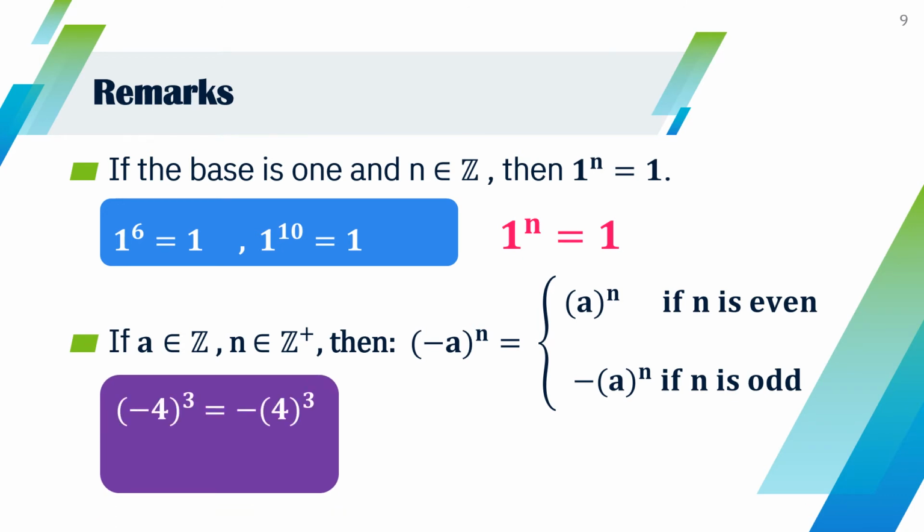For example, negative 4 power 3 equals negative 4 between brackets power 3, and negative 3 power 2 equals 3 power 2.